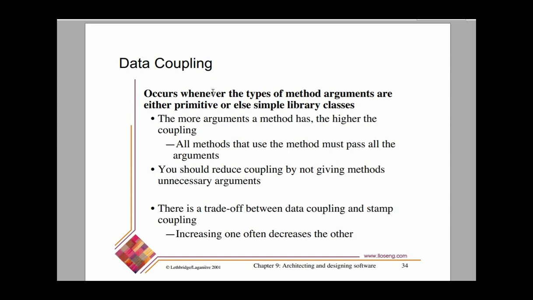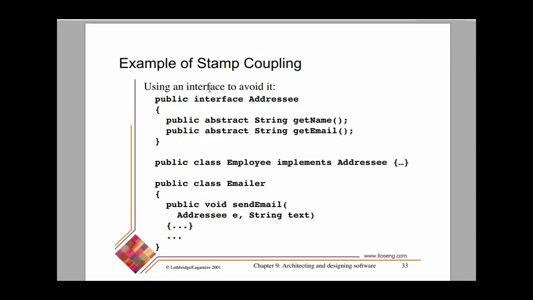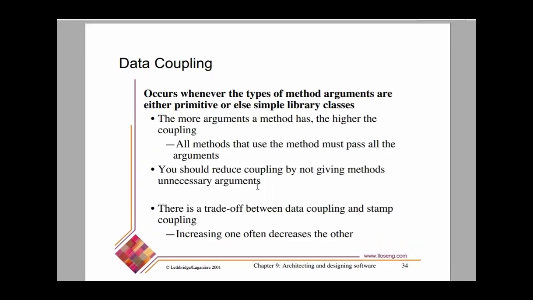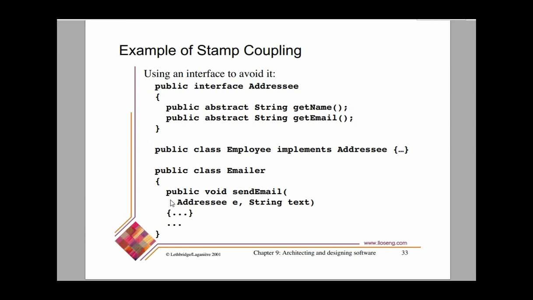The more arguments a method has, the higher the coupling. This is because each caller of the method must have code to prepare the data for each argument. If you want to change how the method declares or interprets each argument, you have to change each caller's code.